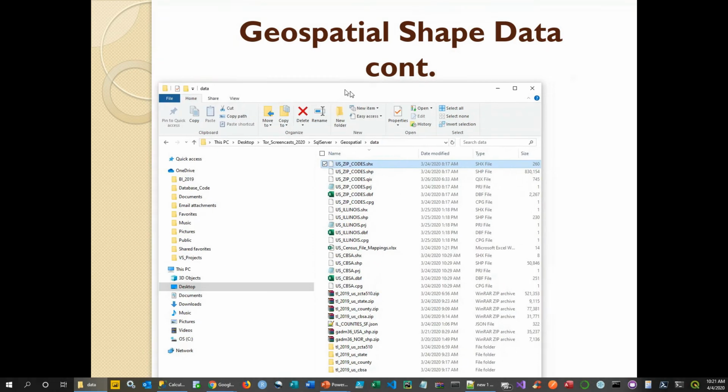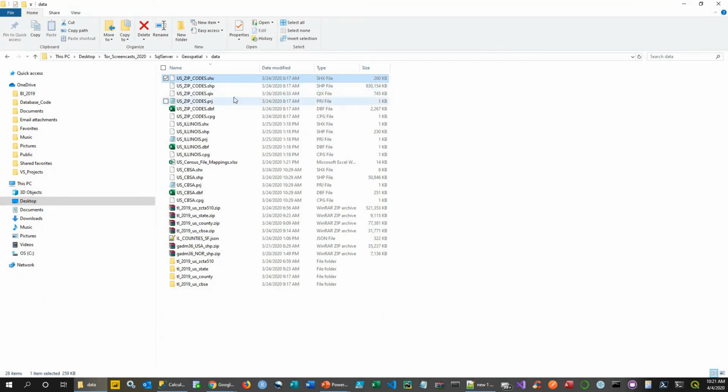All right, so in order to see what those files look like, you can look at my folder here, and you can see you have this index file, the SHX file. You have the actual shapes in this file, the SHP file. There's also some additional files here that we're not necessarily going to use.